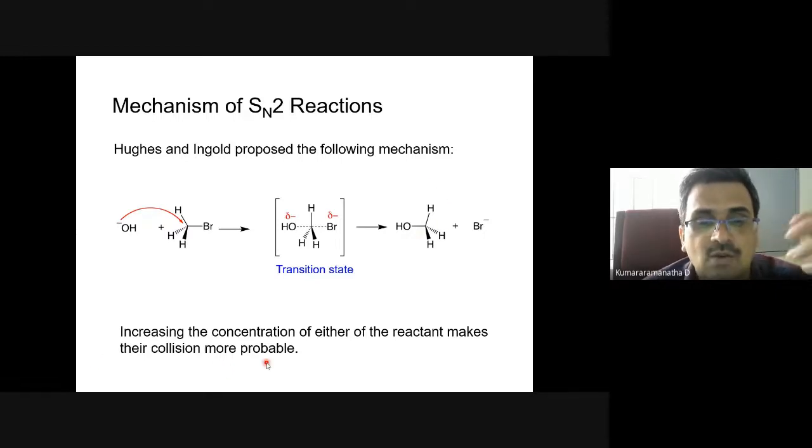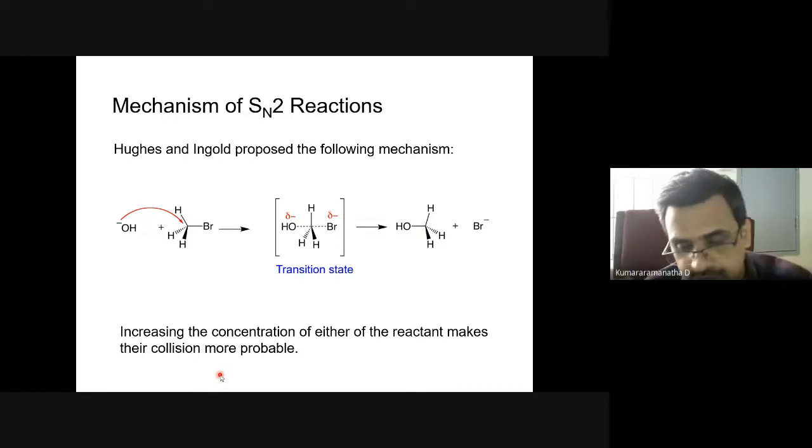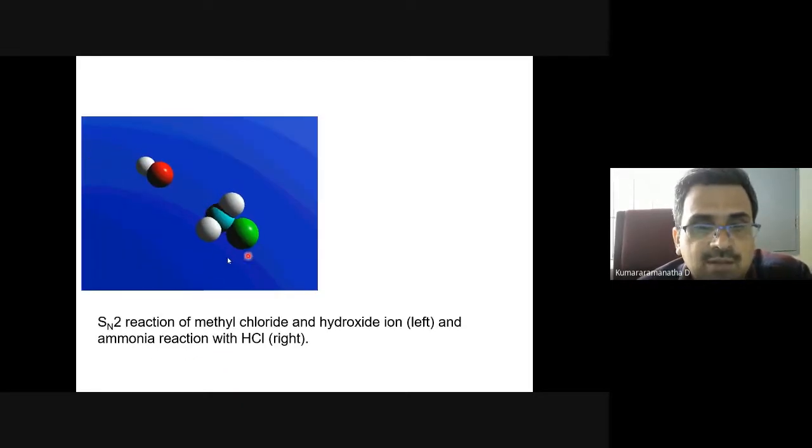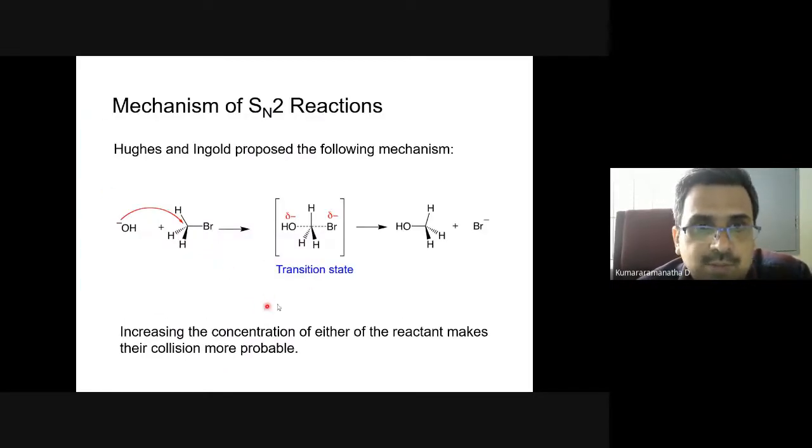Okay. So when you are putting more and more concentration, you are making a lot of molecules react, by a lot of collisions, which essentially gives rise to this mechanism. So I want everyone to follow this mechanism.